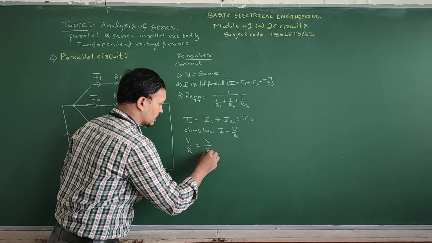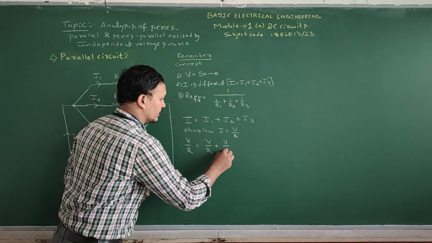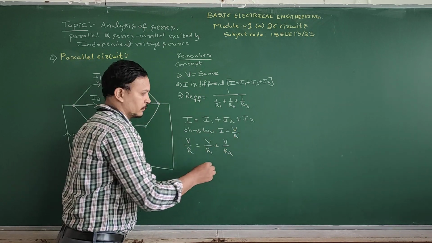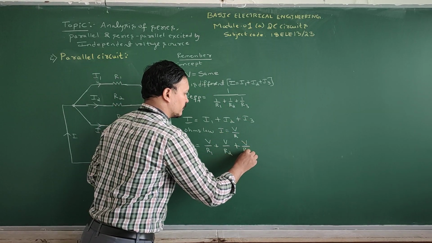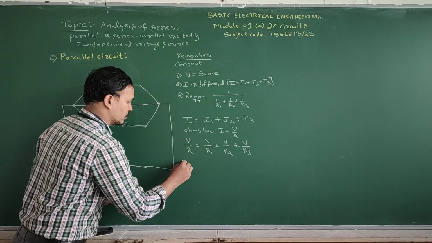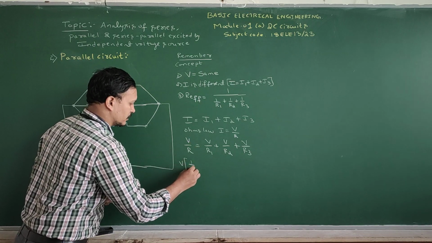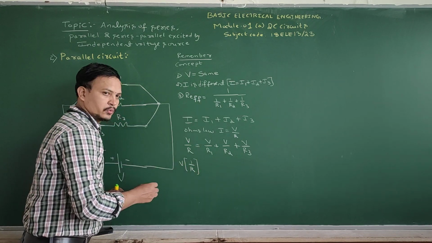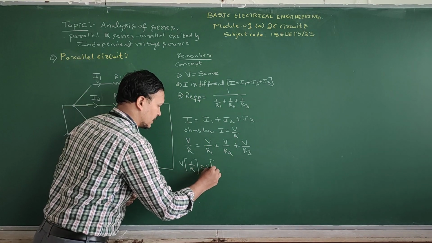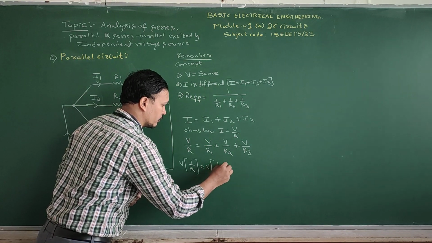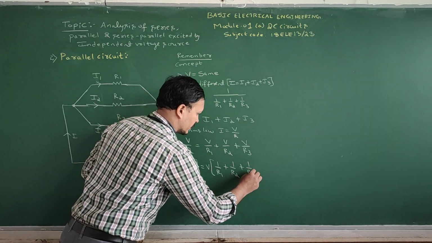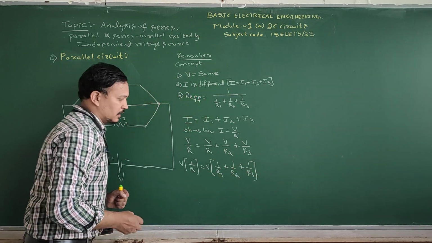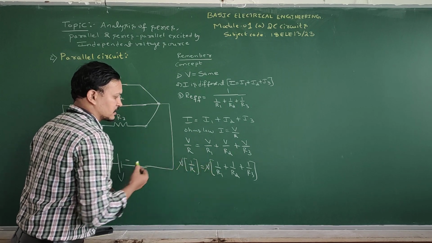So V by R1 plus V by R2 for I2, plus what about for I3? V by R3. Now take voltage common on either side. Then it becomes V into 1 by R. If I take V common, we can write here 1 by R1 plus 1 by R2 plus 1 by R3. Now cancel V on either side.